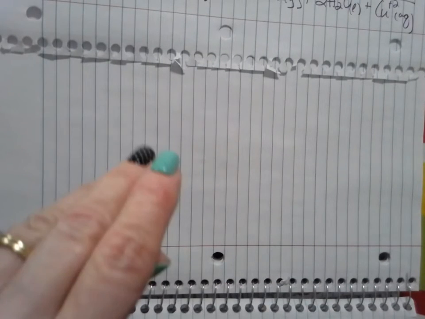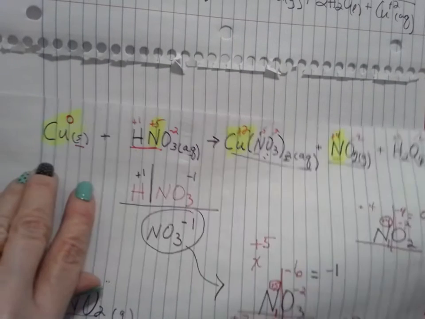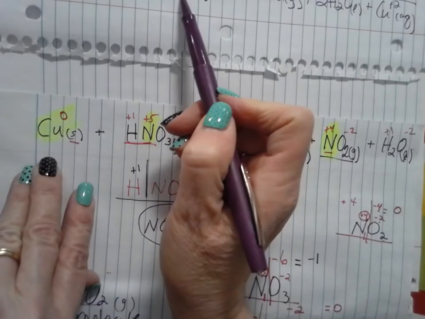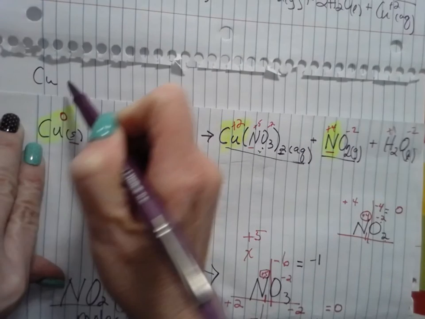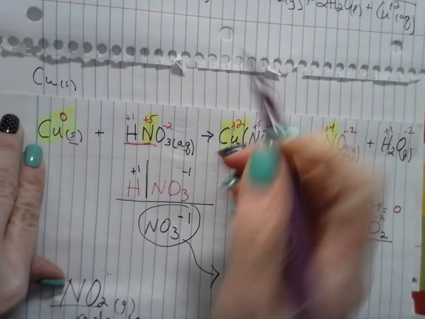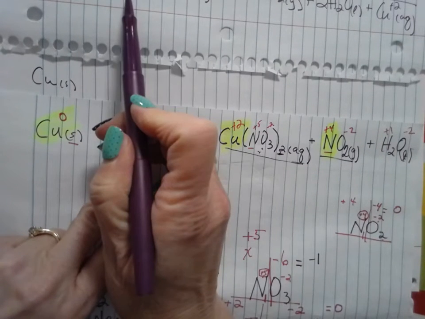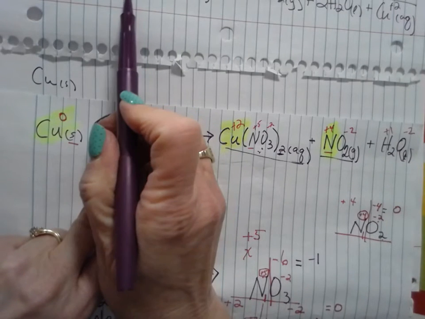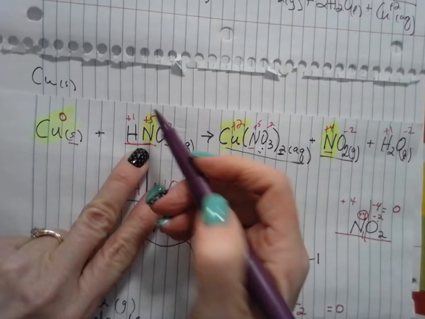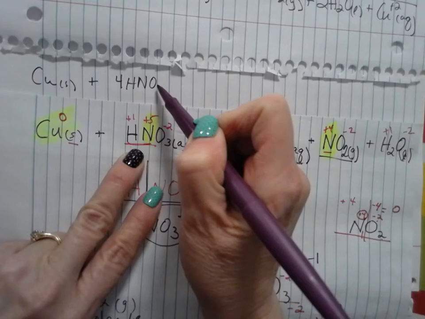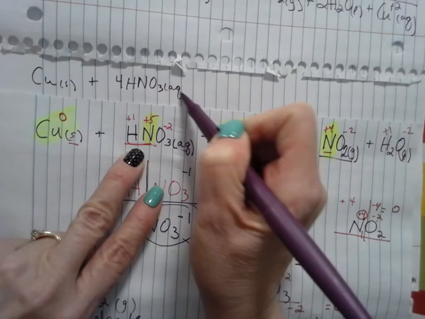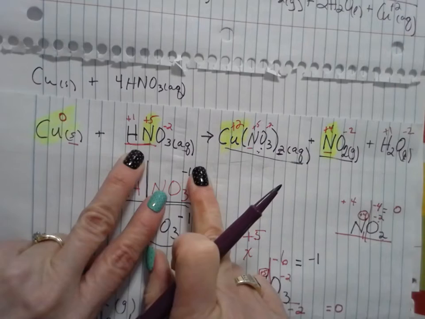Our original equation was this right here. So I have only 1 in front of this copper, so I would leave 1 in front of that copper. Now, notice that I have 4 hydrogens here. I'm going to try putting a 4 in front of this nitric acid, and then I'm going to see if it all works out. If not, I'll have to go back and redo it.